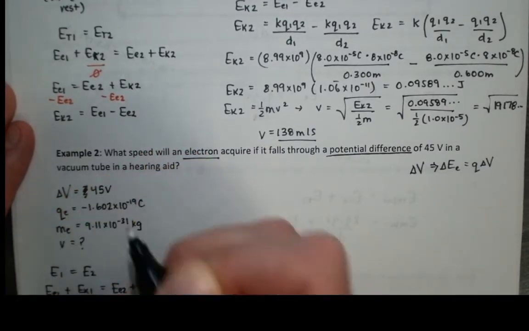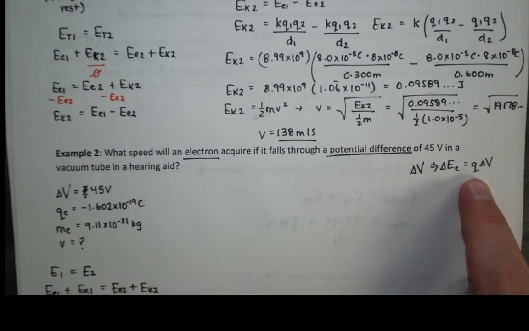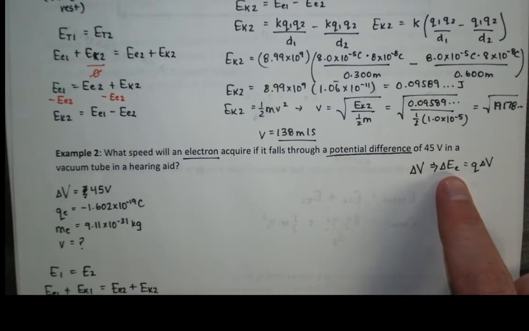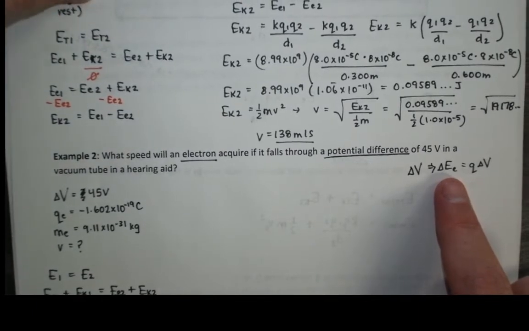We were given the potential difference, we know the charge of an electron, we could solve as long as we knew... We're going to use what we did on the very first page.